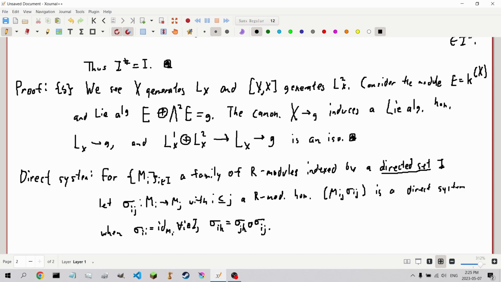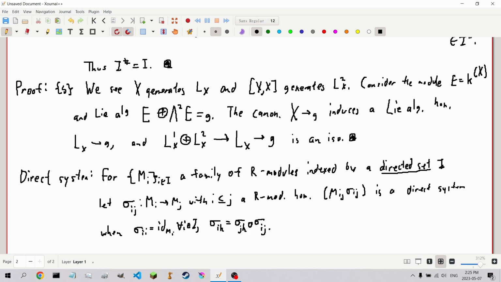Directed set is a set with a reflexive and transitive binary relation with every pair of elements having an upper bound.